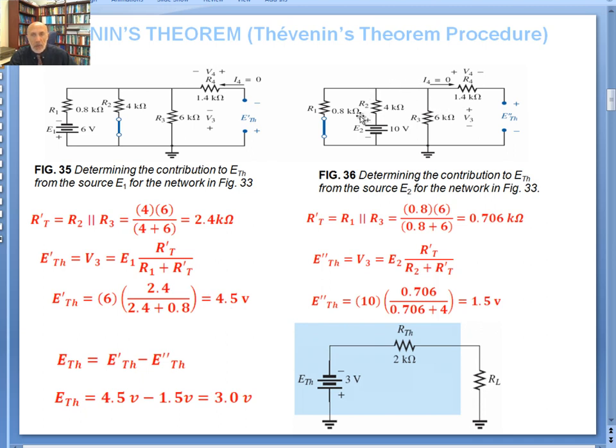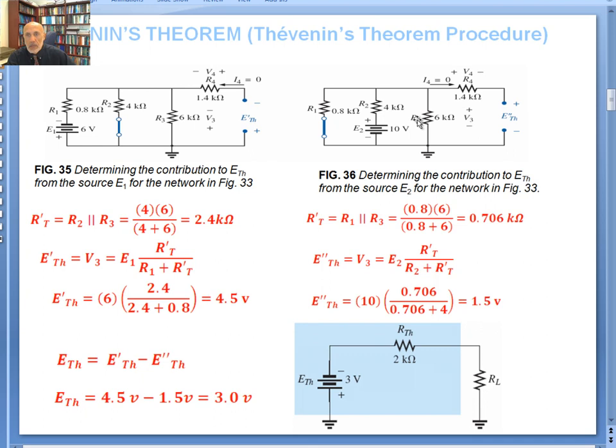For the contribution here, these are all connected in parallel. R1, I can put it on this side, make it R1 parallel with R3. You're not going to change the circuit. Then you do the same thing again. Now you have to pay attention to the polarity. This is plus or minus, then the E Thevenin double prime would be plus minus like that.